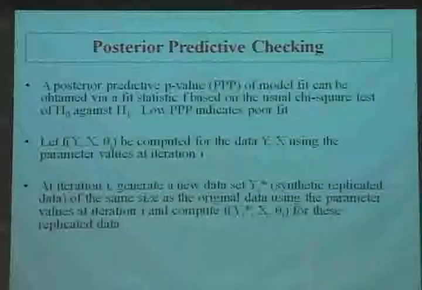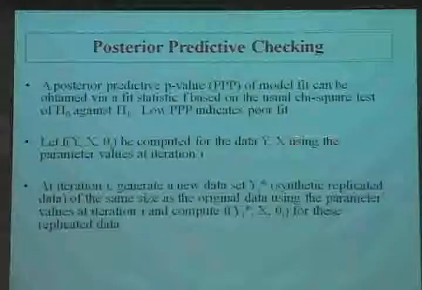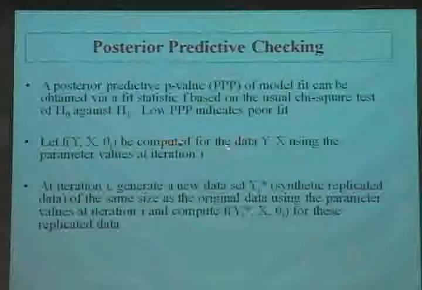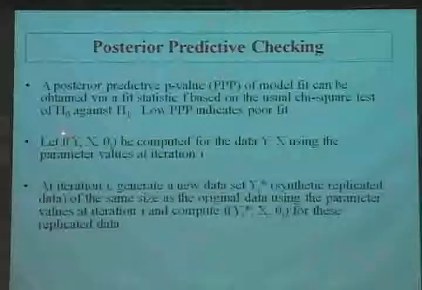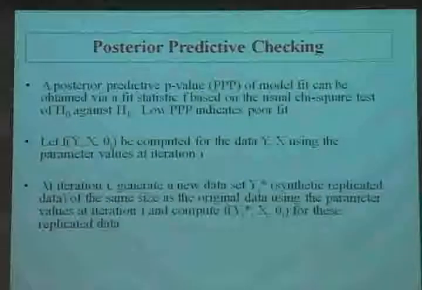If you get a low p-value, that means that the model is rejected, and if you get a high p-value, it's not rejected. And this posterior predictive p-value is based on a discrepancy function, which is the chi-square function.